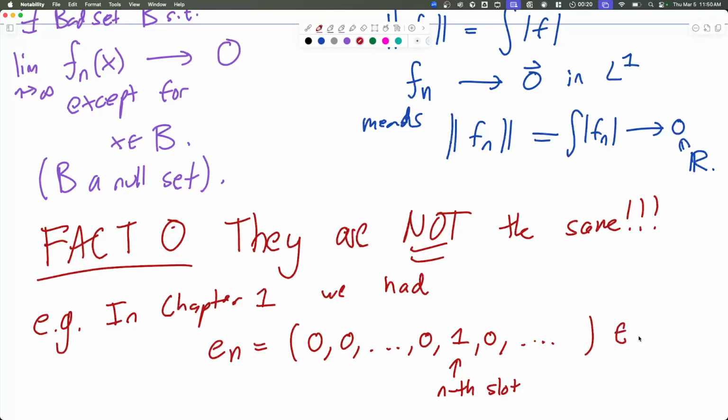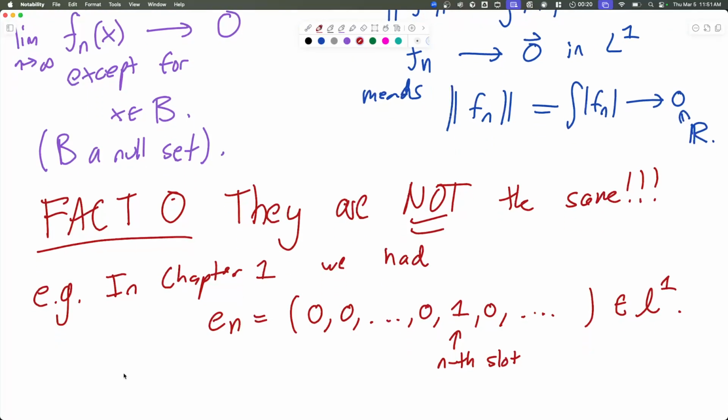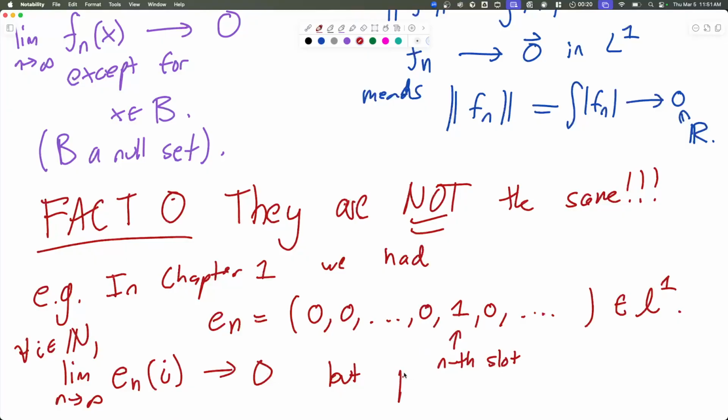This is an element of little L1, or various sequence spaces. En is going to 0 for every component, but the norm of En is always 1. So for every fixed i, a natural number, En of i goes to 0, but the norm of En is always 1, which is not going to 0. So it's not going to 0 in the L1 norm, but it is going to 0 pointwise. And this is the kind of example that will also work for functions.